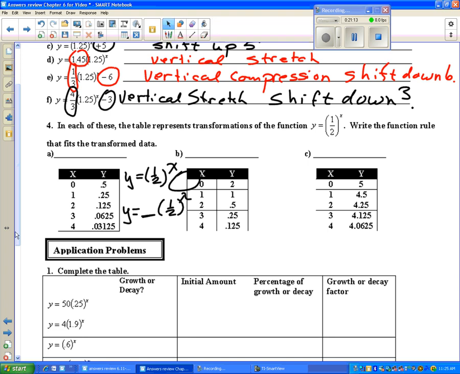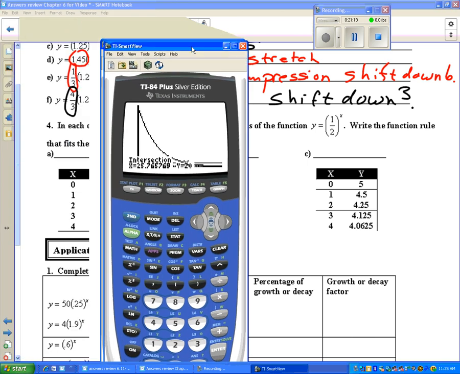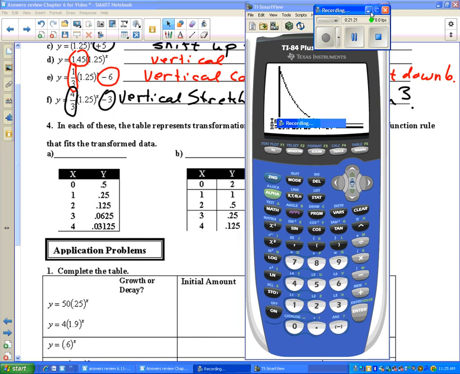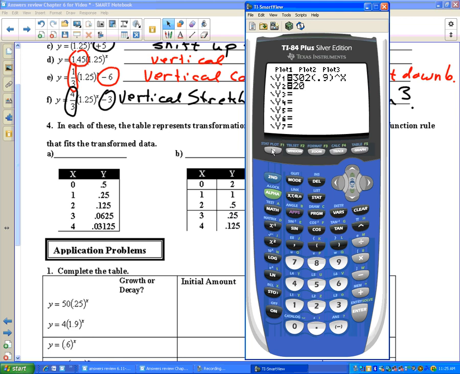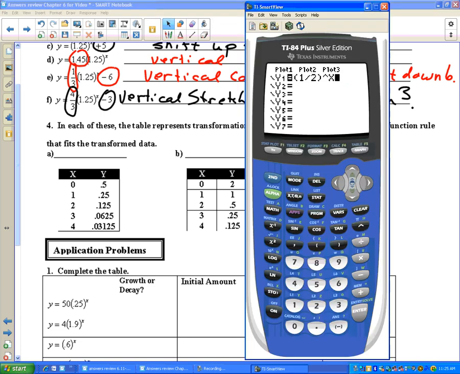And I have to decide if it's adding or subtracting or multiplying by a number. So I'm going to go to my handy dandy calculator. I'm going to start off with what I know. Y is equal to, I'm going to put this in parentheses, 1/2 to the x power. See, it needs to be 1/2 to the x power.